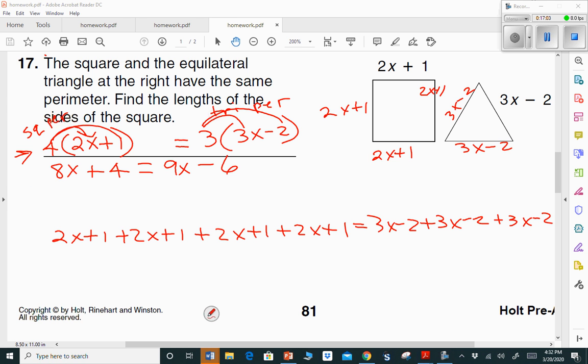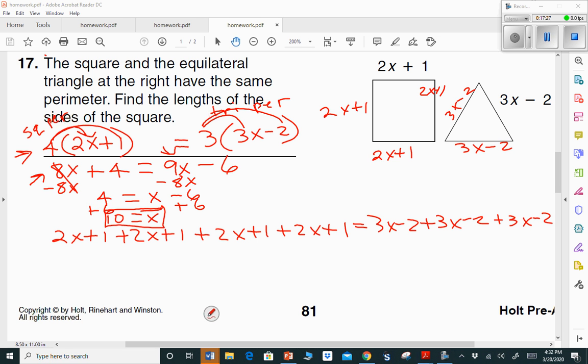Those of you who are paying attention here, you see you got 8x over here and 9x over here. I'd rather subtract the 8x from here. That's going to give me 4 equals 9 minus 8 is 1x, or just x, minus 6. Add 6 to both sides, and 10 equals x.